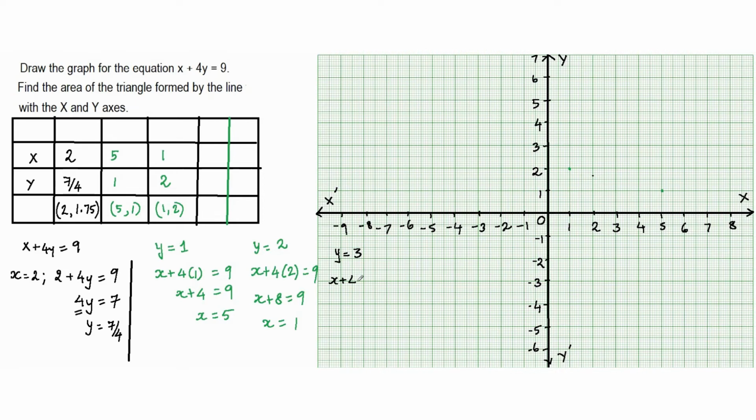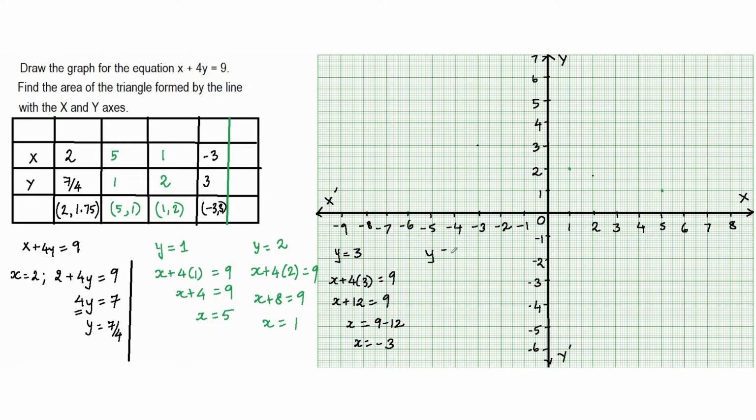So x plus 4 times 3 is equal to 9, which means x plus 12 is equal to 9, or x is equal to 9 minus 12, x is equal to negative 3. So when the value of y is 3, x is negative 3, and therefore the point is (-3, 3). So (-3, 3) is going to lie over here.